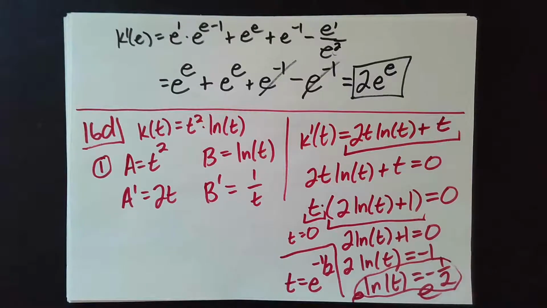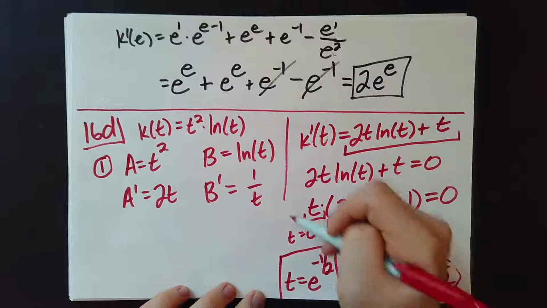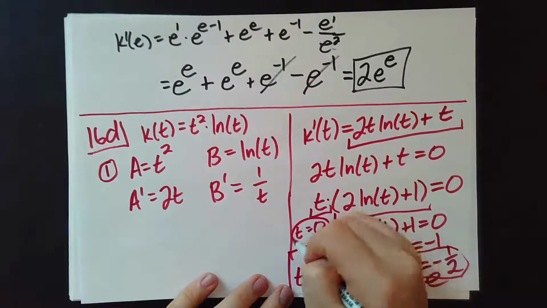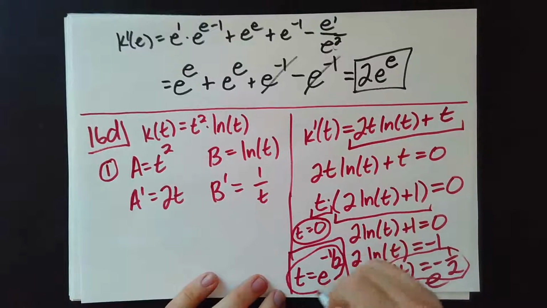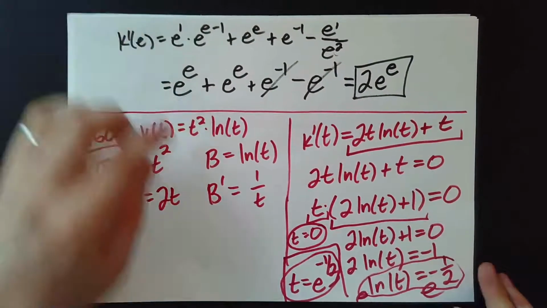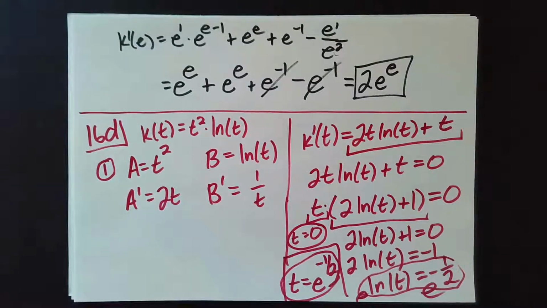Either of those ways, or some mixture of both, will get you there. Okay. So I ostensibly got two critical numbers, one at t equals 0 and one at t equals e to the minus 1/2.